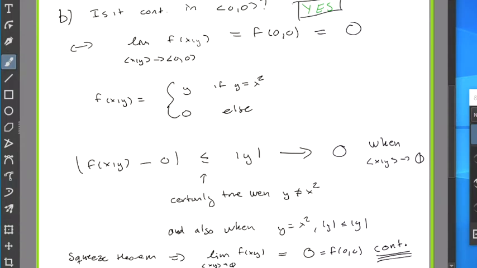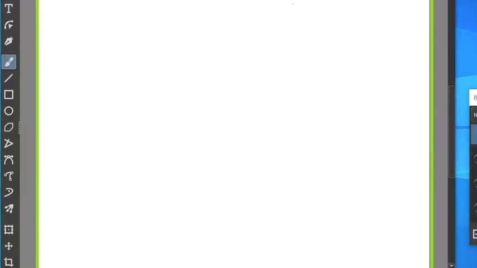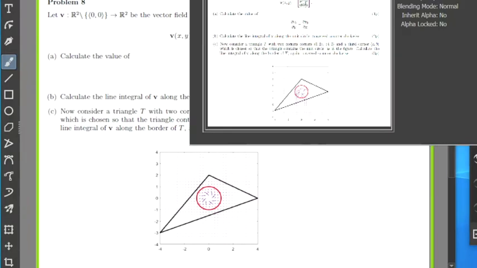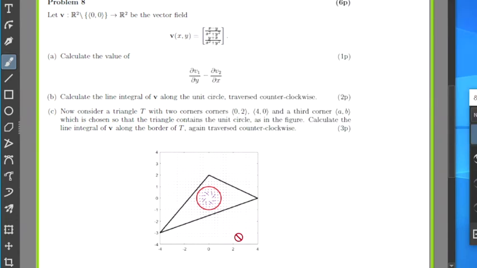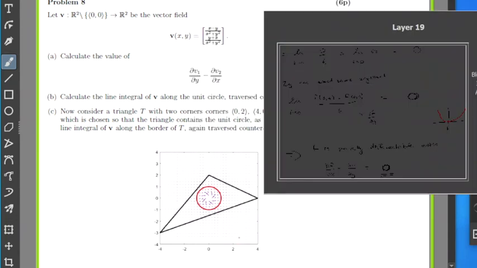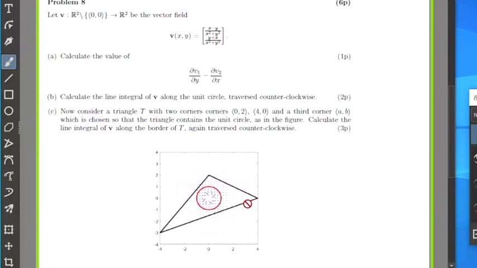Okay, let's do the last problem, number 8. So here there's a lot going on. Let's check it one thing at a time. So we have a vector field, which is defined in a certain way.